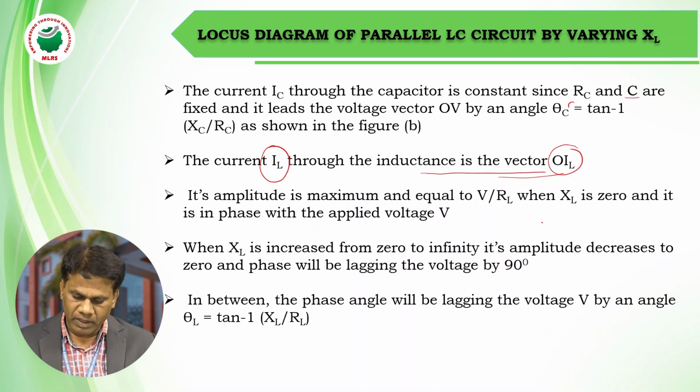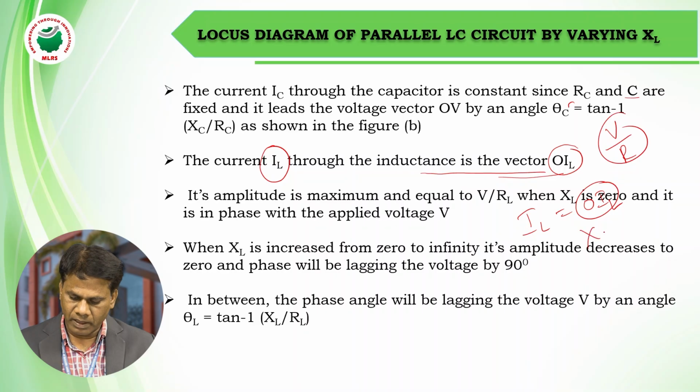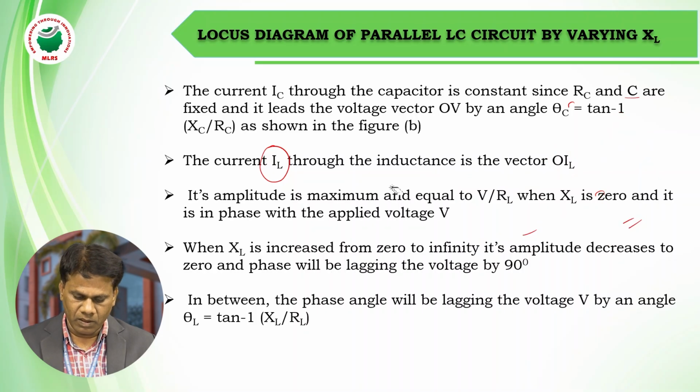Here, along the x-axis is the vector OIL, where the current is maximum. That maximum value is V by RL when XL is equal to 0. We discussed this case in the RLC series circuit also. XL is the variable element.